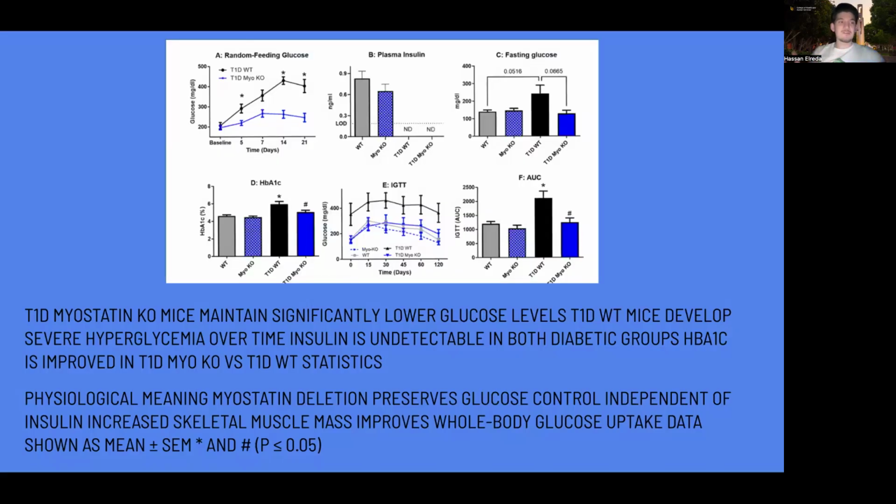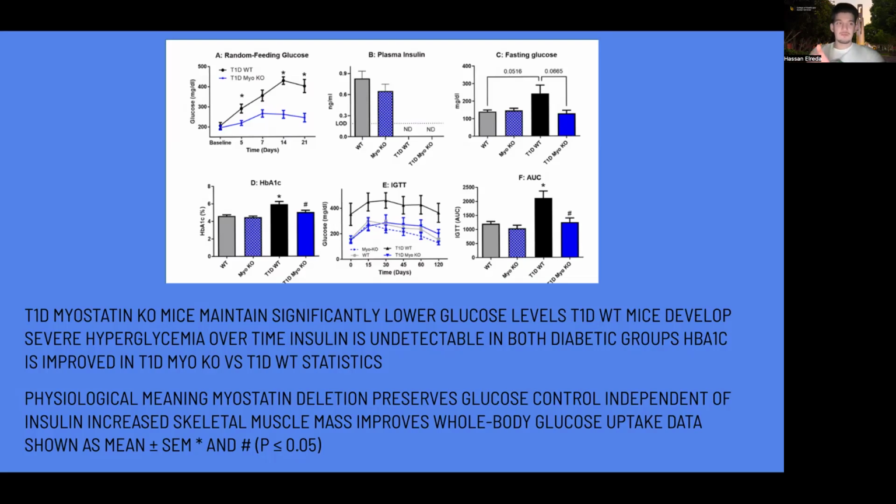So, some of our results are glucose control. As you see here, A, random feeding glucose, B, plasma insulin, and C, fasting glucose. Just take a look and let that data figure sink in. I'll give you a couple of seconds. Awesome.